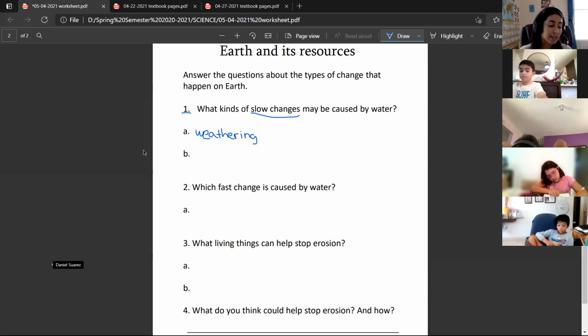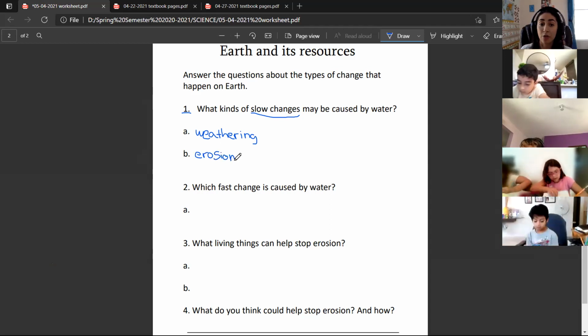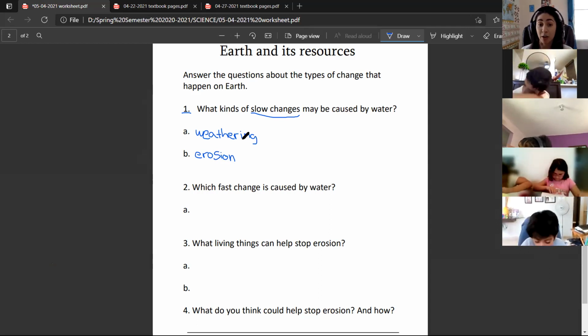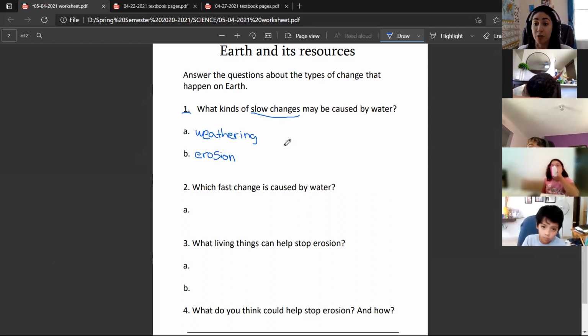We have weathering and erosion. Those are the kinds of slow changes that may be caused by water. Remember, weathering breaks down the rock. It's going to change the shape of the rock. Erosion is going to move that rock and it's going to move that soil. The dirt, the soil, the rock, it's going to move it. Weathering doesn't move anything, it just breaks it down.